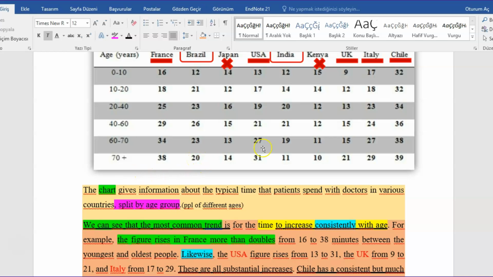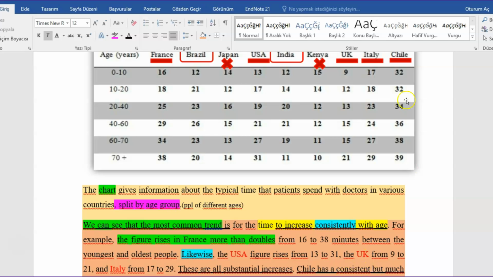Likewise, the USA figure rises from 13 to 31, the UK from 9 to 21, and Italy from 17 to 29. These are all substantial, marked, considerable increases.